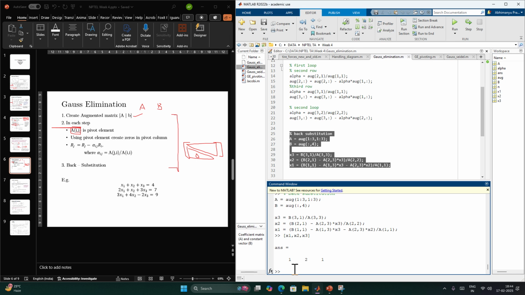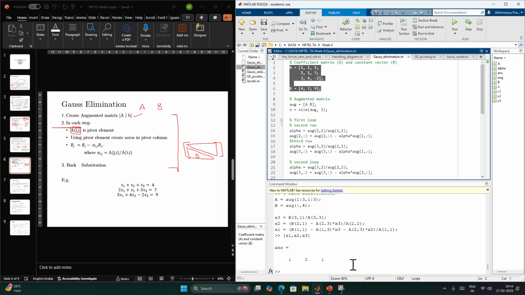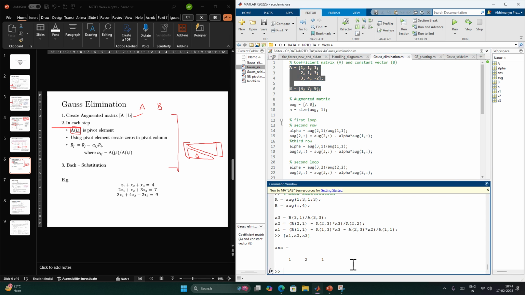Now first let me take the initial matrices. If I calculate the determinant of A, it's 4. So a unique solution exists, right?